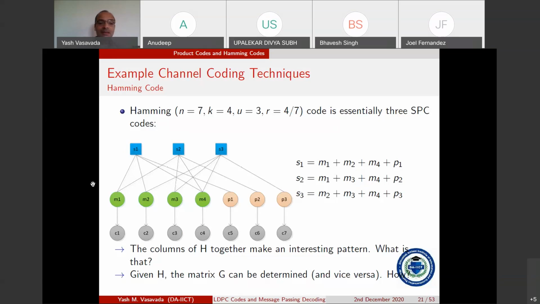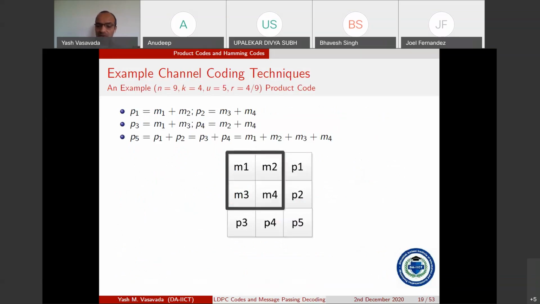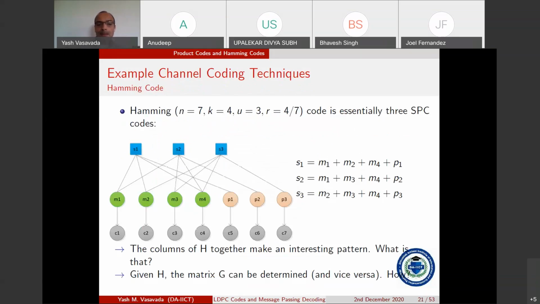So one interesting insight about this Hamming code, and by the way, this type of graphical structure I can very easily draw for this code also, and we will do that very shortly. One interesting insight about the Hamming code or the product code, and eventually even for the LDPC code, is that S1, S2, S3 are obviously the single parity check code, because that is how we are defining them.